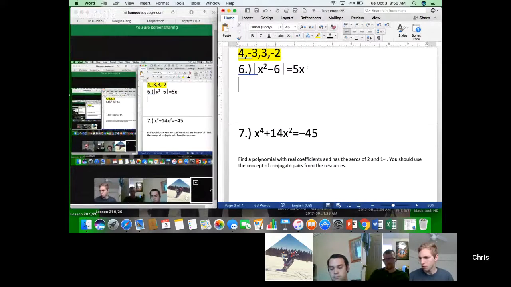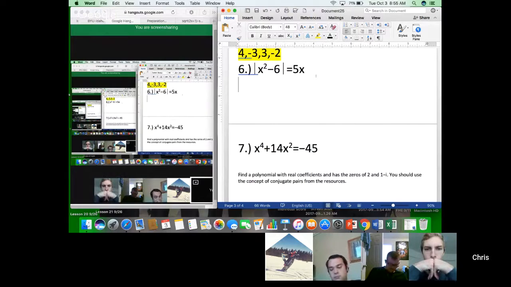Since this is an absolute value, we know we're going to have 2 solution sets, which is annoying, but that is the way it is. So we'll do possibility number 1, x squared minus 6 minus 5x equals 0.